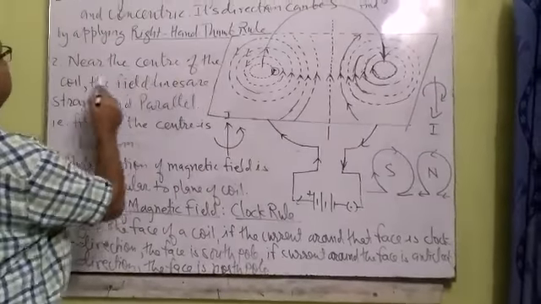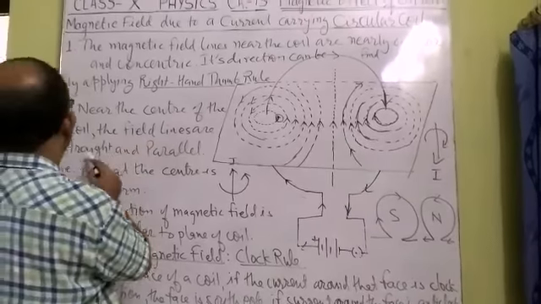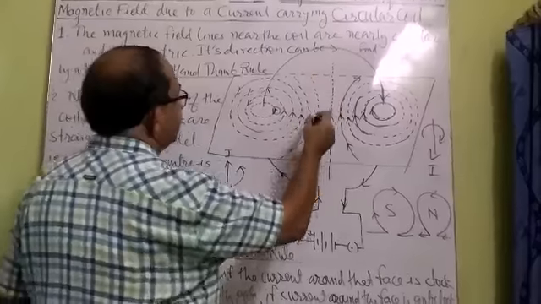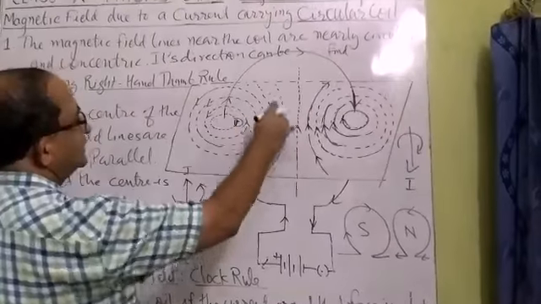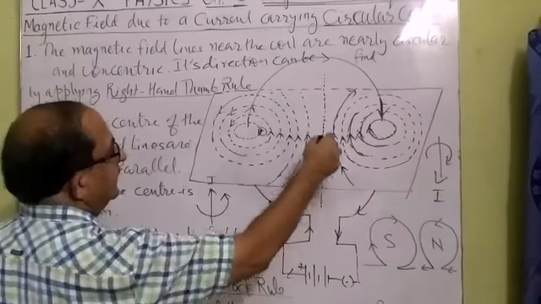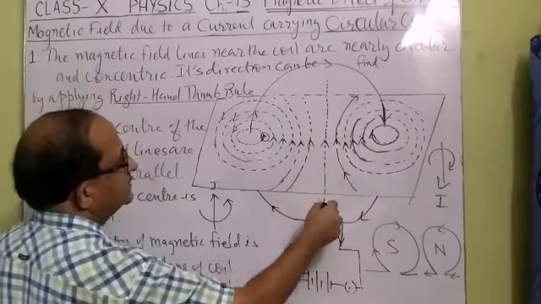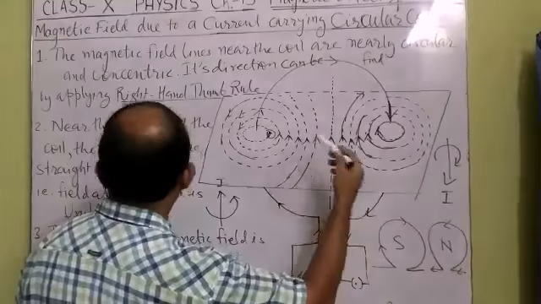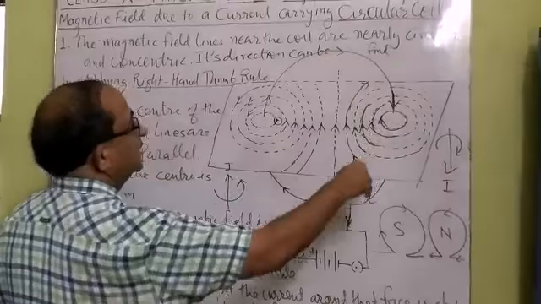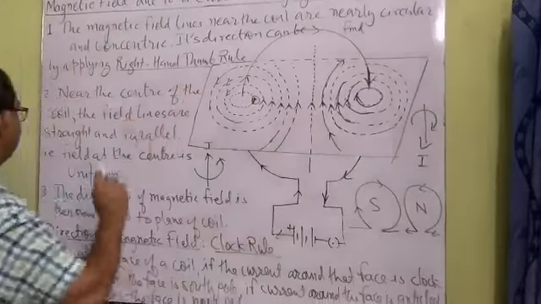Near the center of the coil, the field lines become parallel and straight. You can see as we go away from the coil, the circles become larger and larger. As we reach the center, the magnetic field lines become nearly straight and parallel. In this way, we can say that the magnetic field at the center of the circular coil is uniform in nature.